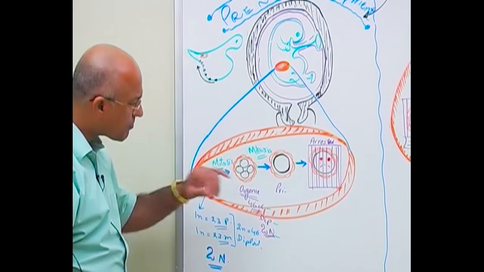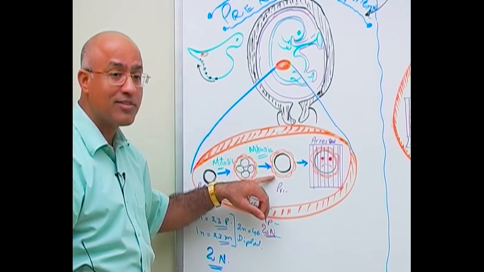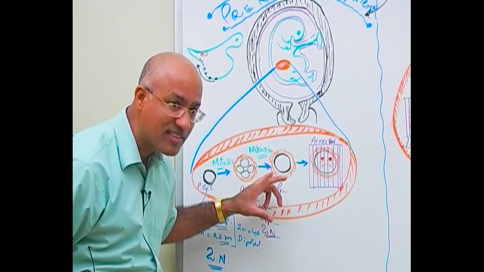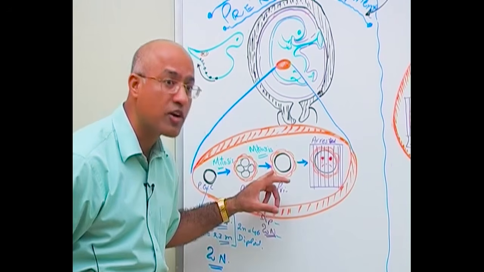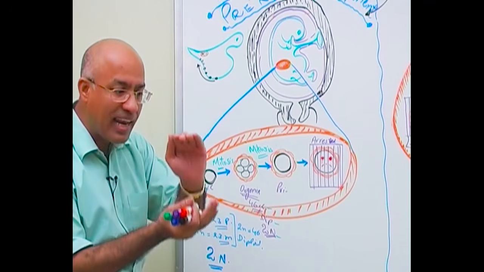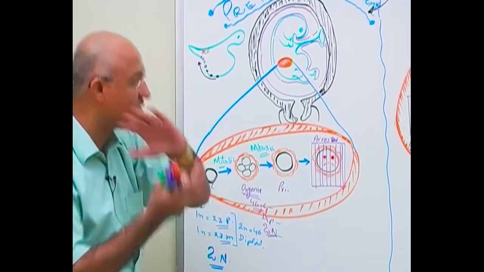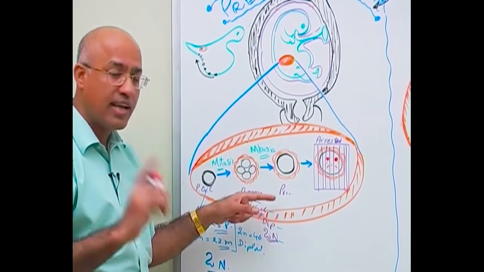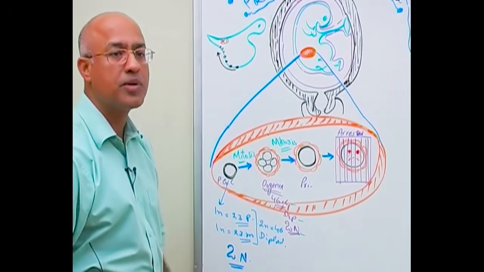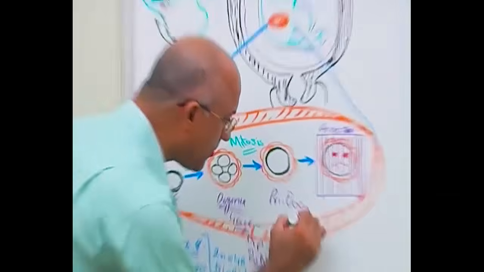But eventually, many of these oogonia degenerate, while many others enlarge in size, stop mitotic division and get ready for meiosis. These large cells which have stopped mitosis and are planning to do meiosis are called primary oocytes.